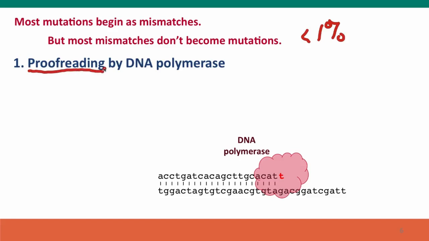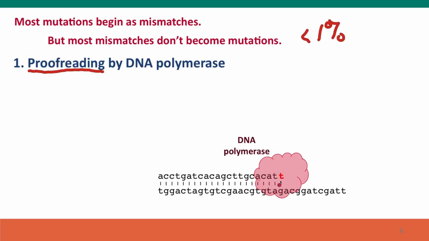Proofreading is a term, of course, from English publications, from text, and in the context of DNA replication it means exactly the same thing that it means in the context of checking the quality of written material.